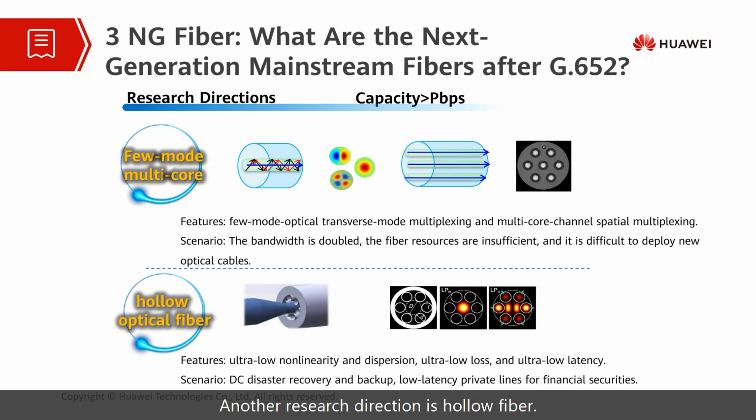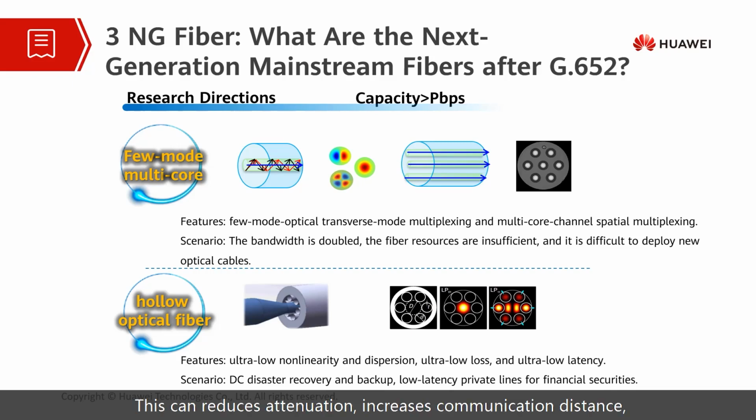Another research direction is the hollow fiber. At present, some domestic and foreign companies and university research institutes are developing a new type of air-core optical fiber. That is, light is transmitted in the air in the optical fiber. Theoretically, this type of fiber has no fiber core.